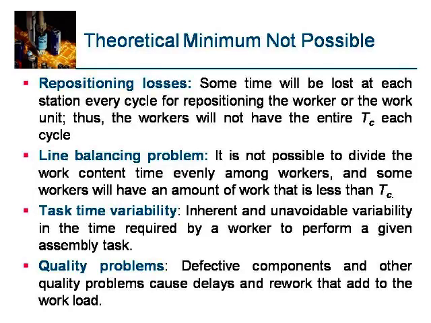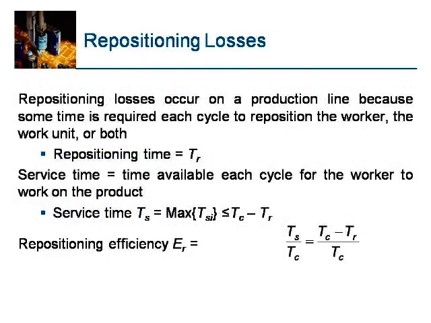Task time variability: inherent and unavoidable variability in the time required by a worker to perform a given assembly task. Quality problems: defective components and other quality problems cause delay and rework that add to the workload. Repositioning losses occur on a production line because some time is required each cycle to reposition the worker, the work unit, or both.